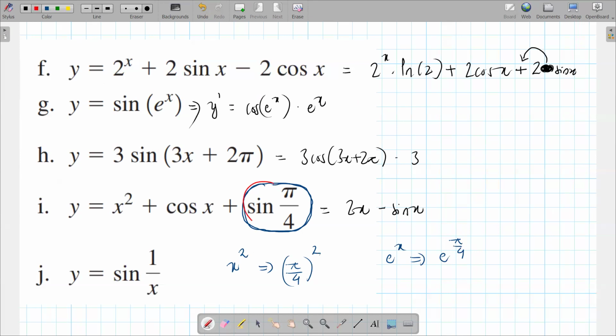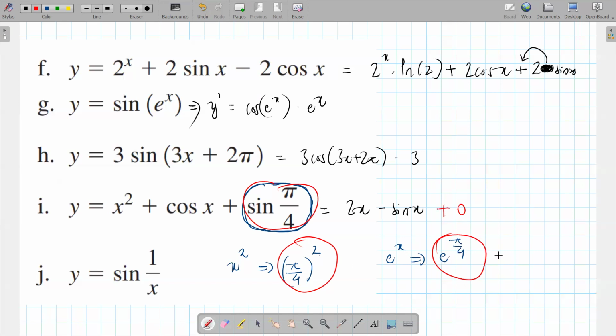And the question is, are these constants or are they functions? Because pi over 4 is a constant, okay? Pi over 4 is whatever, 3.14 divided by 4. These are all constants. They are not functions. The derivative of a constant is a 0. So here, plus 0, or you can ignore the plus 0. Cool?